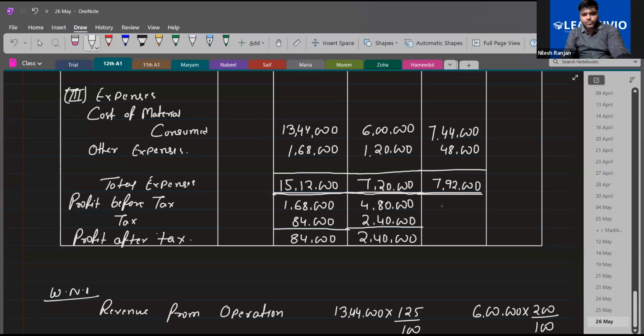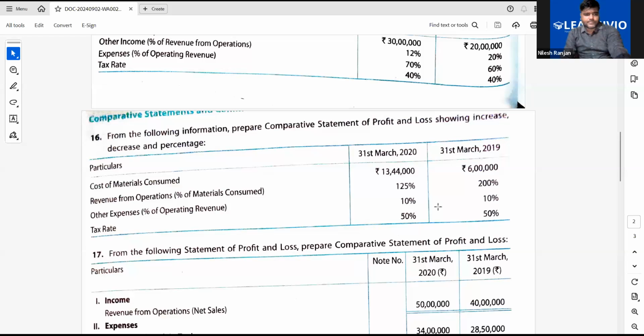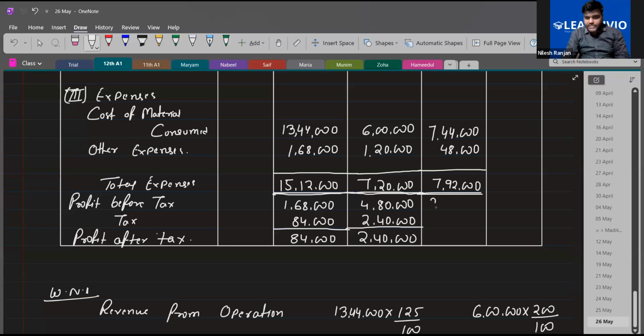Now it is negative: 168 minus 480 is 3,12,000 negative. Then 240 minus 84 is 1,56,000 negative, and again here 1,56,000 negative.